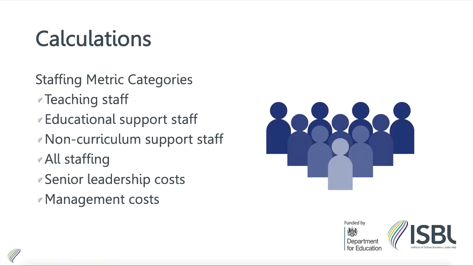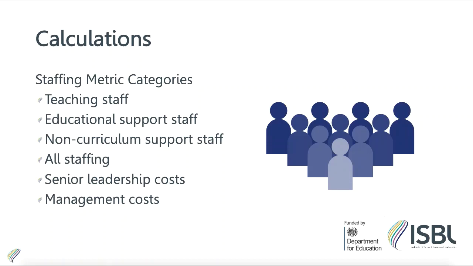Senior leadership costs include the salaries plus on-costs of all senior leaders that are teaching staff. I appreciate many school business managers, chief financial officers, and chief operating officers are members of the senior leadership team. However, this calculation is a teaching metric, so only the teaching staff are included.